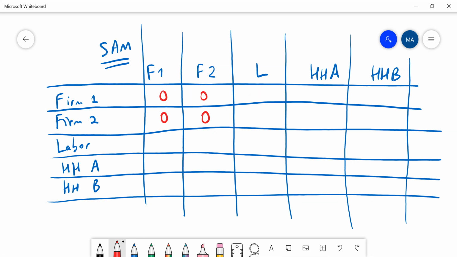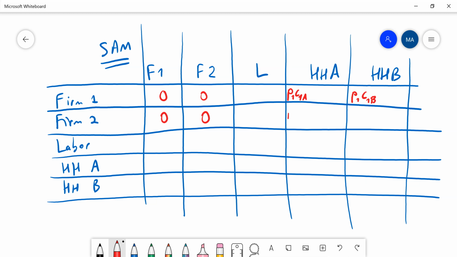So typically you have P1 C1A here, consumer A spending P1 C1A for the first good, and here you have P1 C1B, household B spending P1 C1B on the first good.